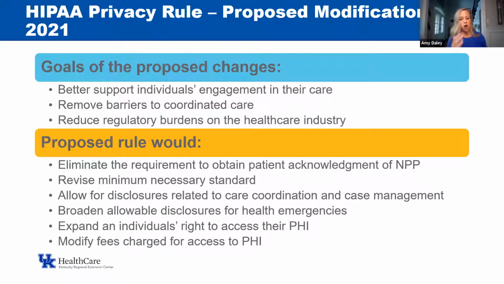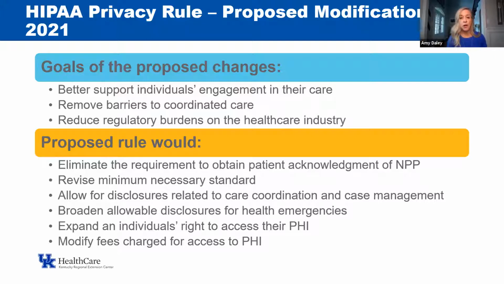It also would broaden allowable disclosures for health emergencies. Currently, what we look at for those is a serious and imminent threat to the health or safety of the patient.